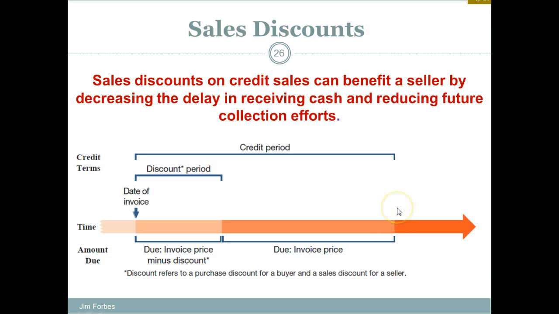Again, just like you were offered a purchase discount, now you're offering a sales discount to your customers, to get them to pay you on a faster basis. Again, because you might want your cash quicker, to reduce risk, or to pay your bills.